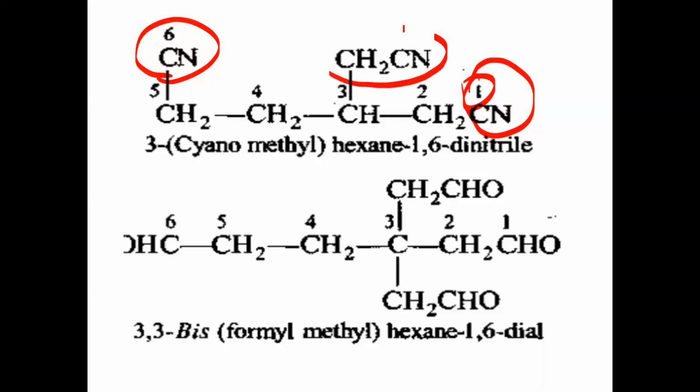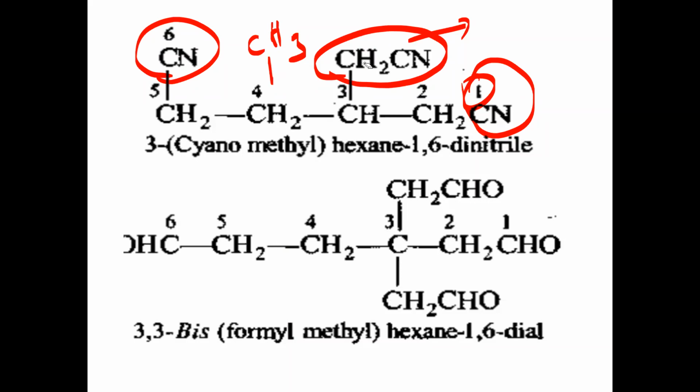Is it CN or cyanomethyl? It is not cyano. It is one cyanide group here, but it is methyl cyanide. Actually here the bond CH3 will be there, which generally means methyl. In this methyl, one hydrogen is substituted by a CN group.